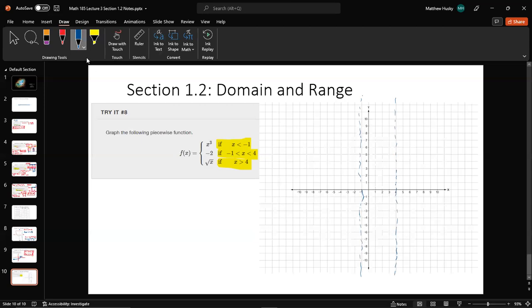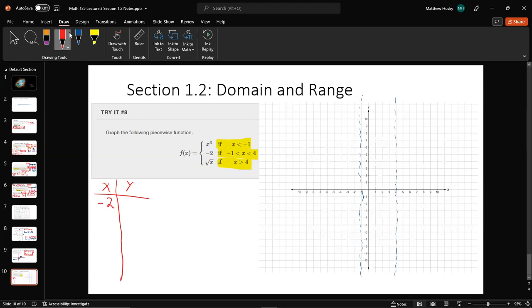So here's how I'm going to do this. I'm going to make myself a table of values. Now you notice here, this is -1. I'm going to go a little bit below that, to the value -2, which is just to the left of -1.